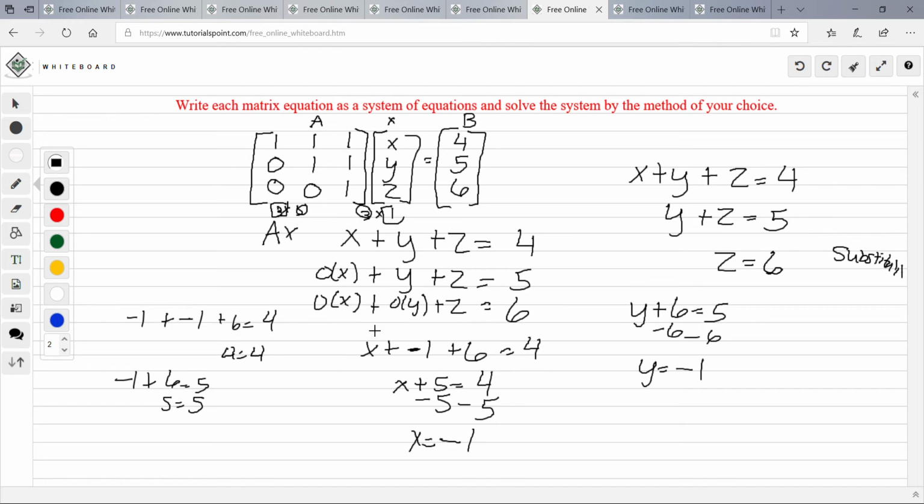Yes. What about this one? 0, 0, and z equals 6, right? So that's true. Those are our three solutions. So our x, y, and z is -1, -1, 6. That's our final solution.